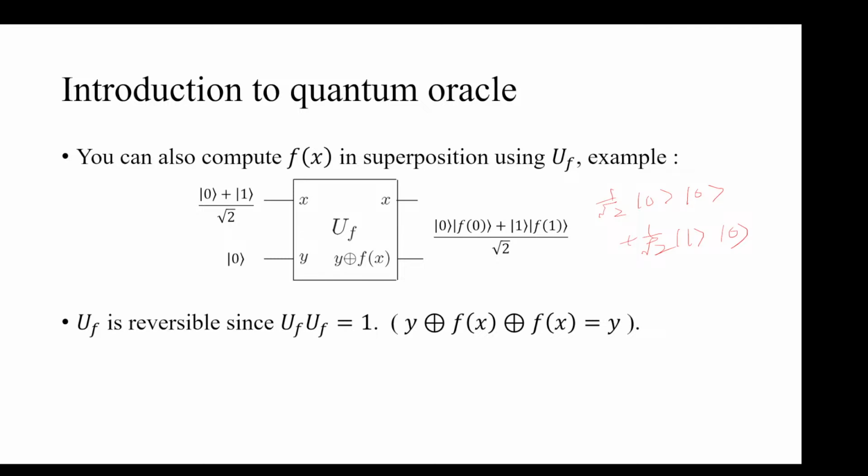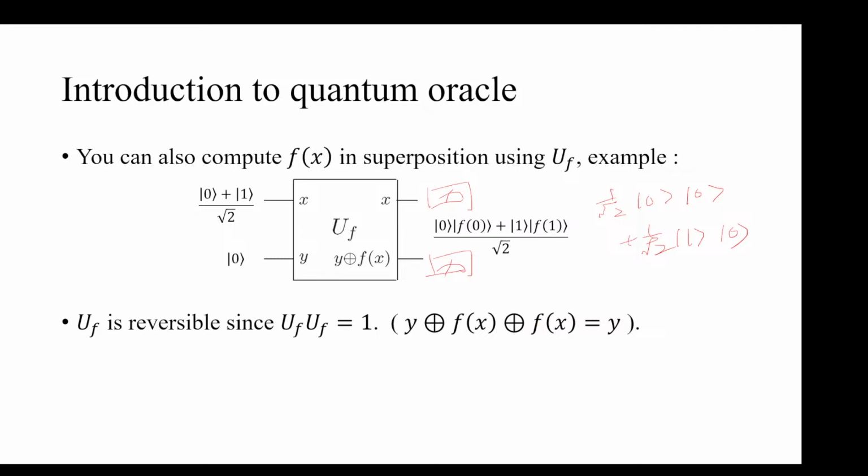Say after you do this, you put a measurement on both registers, measuring in the computational basis. Then this 0 f of 0 component has amplitude 1 over square root 2, and this 1 f of 1 component has amplitude 1 over square root 2.